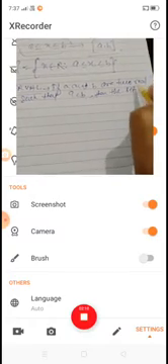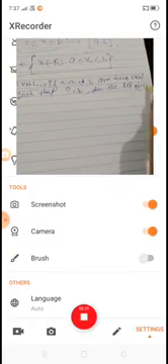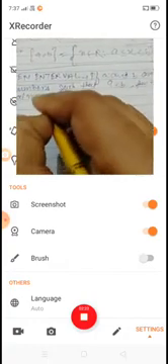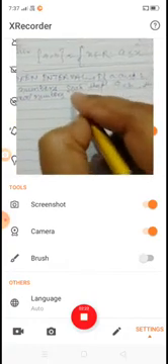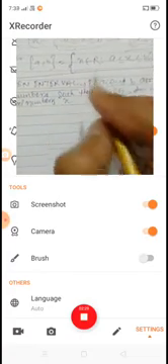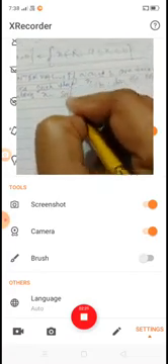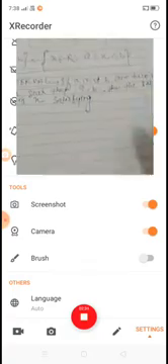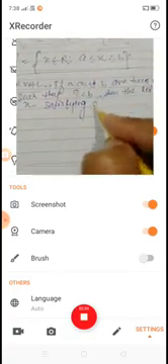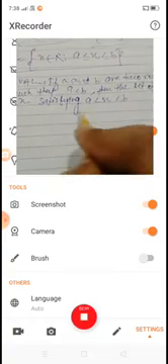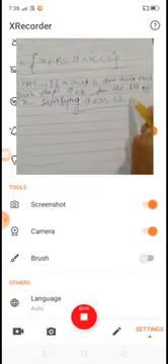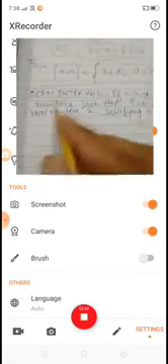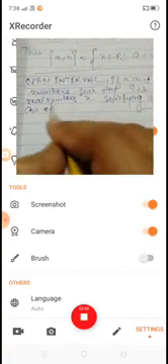the set of all real numbers x satisfying a less than x less than b is called an open interval.